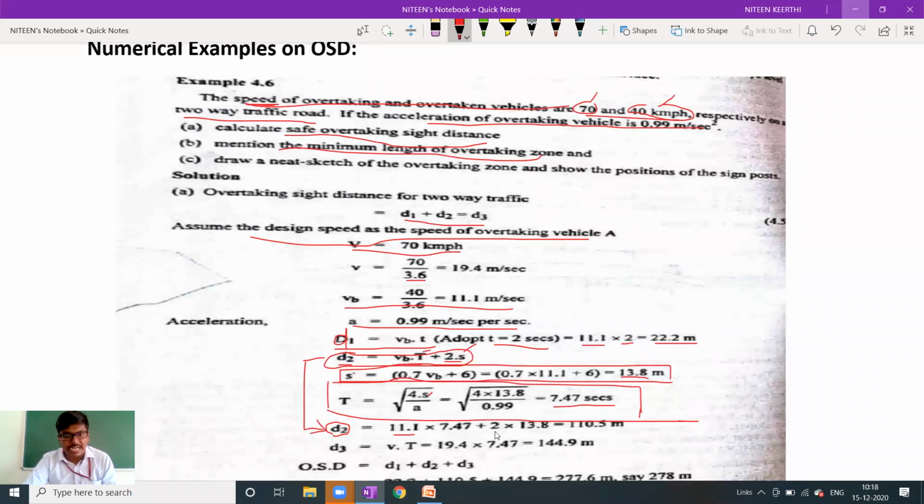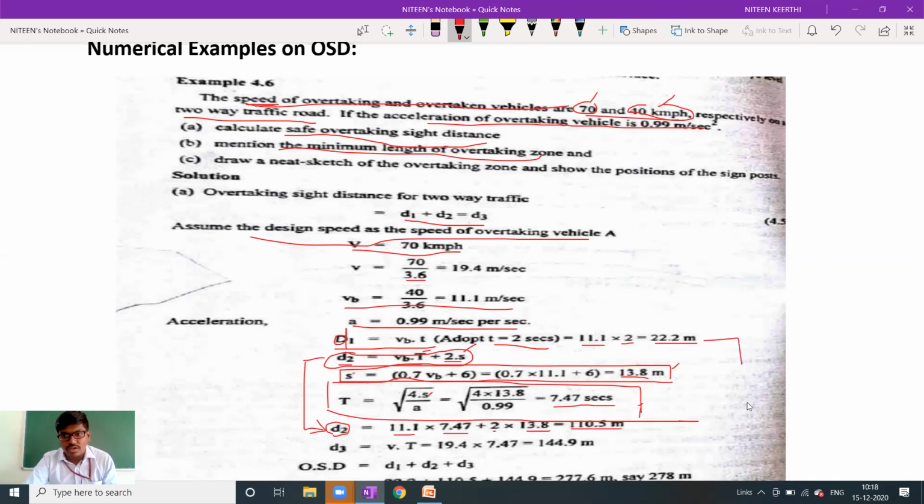Calculating D2: 11.1 into 7.47 seconds, which you already got here, and 2s, 2 into 13.8, which we already got. So D2 will be 110.05 meters.